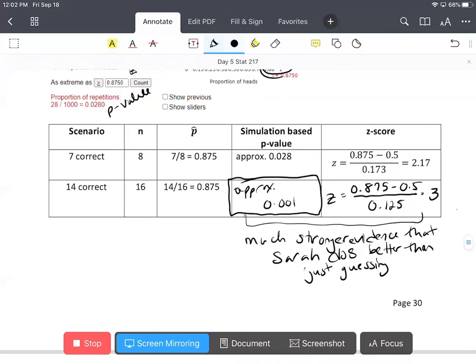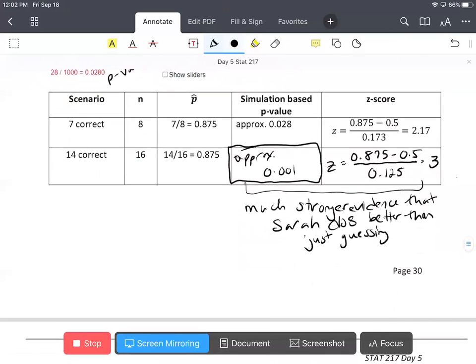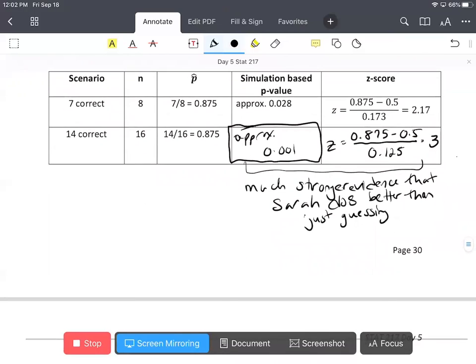Our simulation-based p-value, once again, we don't say it's 0, we say it's approximately 0.01, and our z-score went up. So this provides much stronger evidence that Sarah does better than just guessing. So a bigger sample size can give us a stronger result.